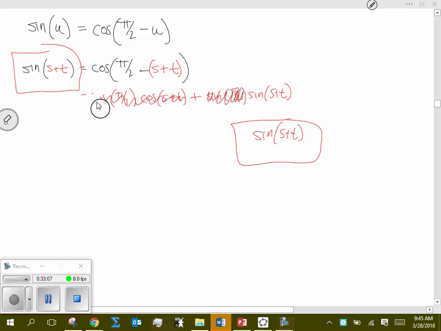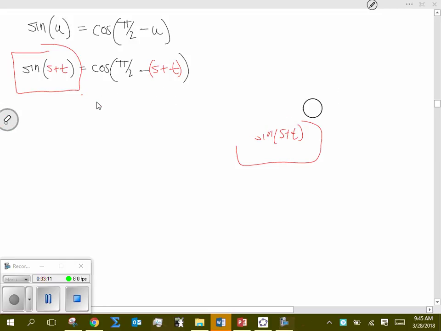And the idea stems from us being able to realize that it is perfectly fine to do this, and distribute that negative through the s plus t, right?